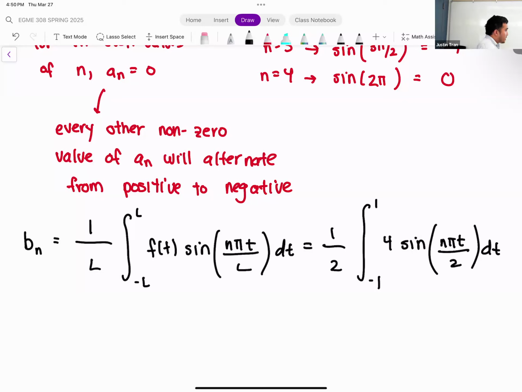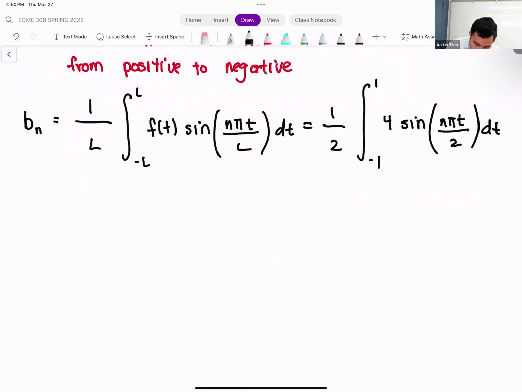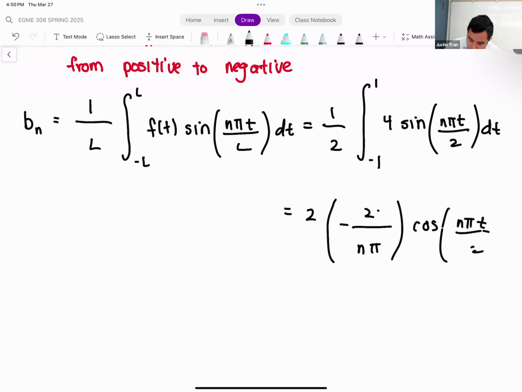Okay, so same thing we did last time. Let's go ahead and evaluate this integral here. And so if I bring out the 4, that's going to be 2. We perform the integral here. We have a minus 2 over n pi cosine of n pi t over 2, evaluated from -1 to 1.